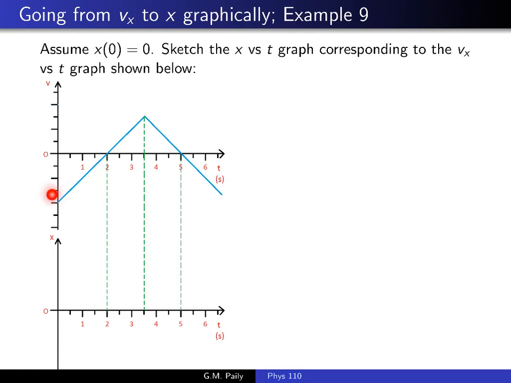We see that in this first part, the velocity is negative but heading to 0. And it is a linear graph, so we know that the corresponding x versus t graph will be quadratic. We also notice that the area under the curve is negative.